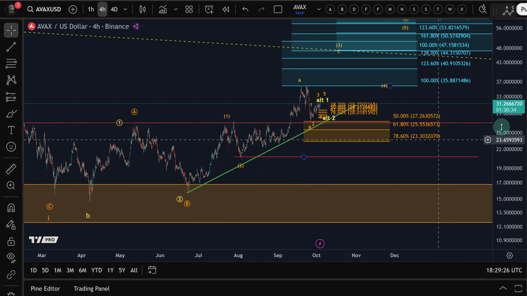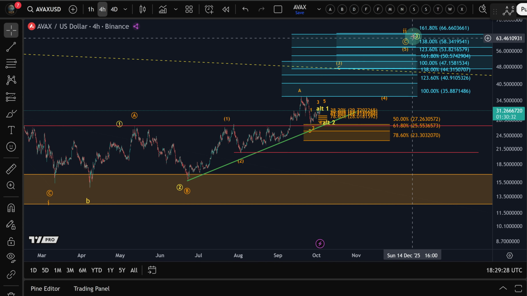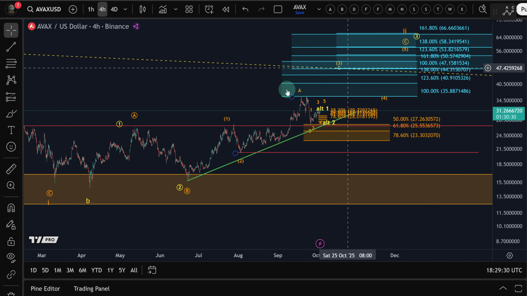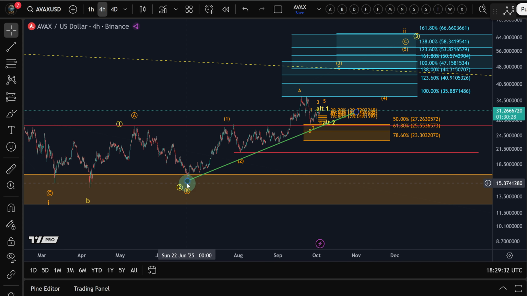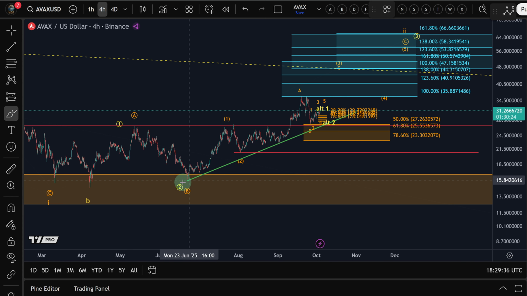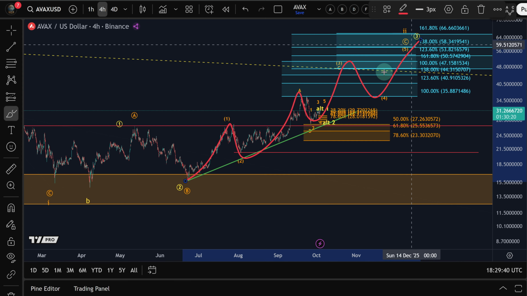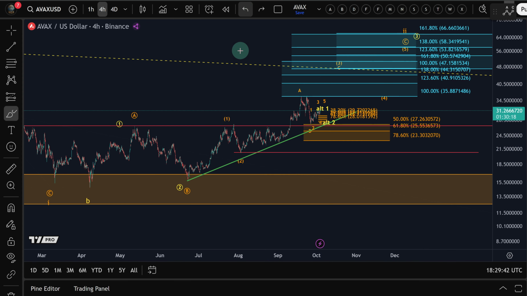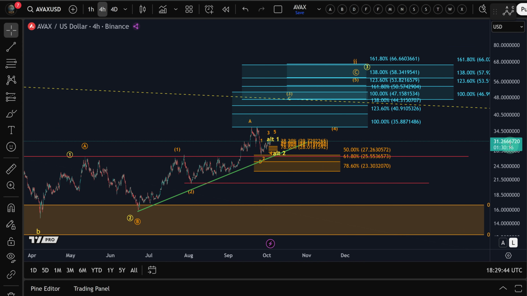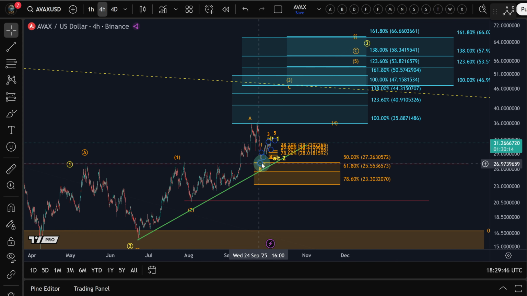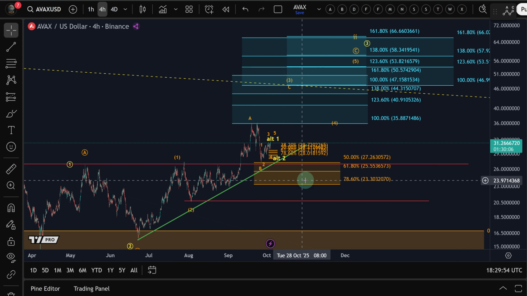So I'm still tracking this potentially as part of a diagonal structure in a C wave, which started on the 22nd of June. I'm still tracking higher highs and higher lows, like this. What I explained to you over the last few days is that the support area, which was already tested here on Friday the 26th, is between $27.26 and $23.30.